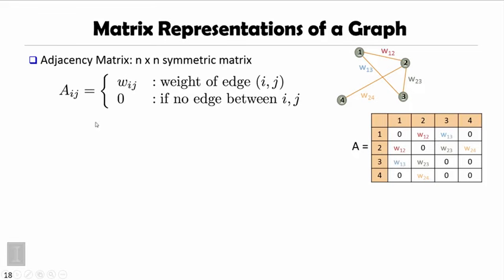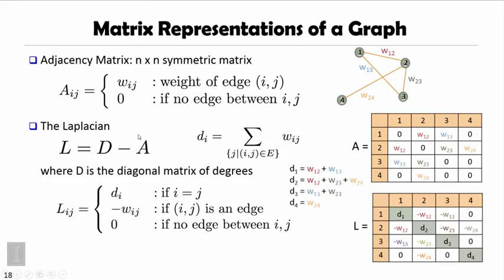For each element, if there is an edge between 1 and 2, then based on the edge weight W sub 1,2, you get that weight. W sub ij is the weight of this cell. If there is no connecting edge, like 1 and 4 are not connected, then this cell will be assigned 0.